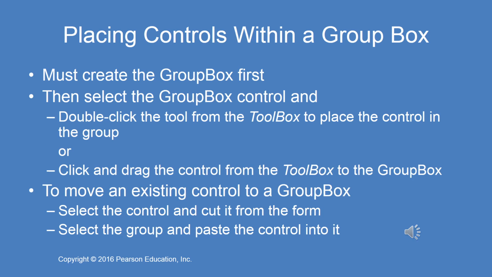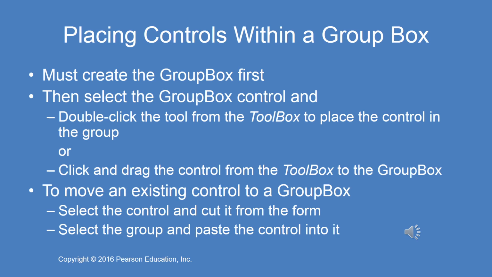This slide describes how we place controls within a GroupBox. Obviously, the GroupBox has to be created first. Then you left-click to select the GroupBox control. And there's 2 ways you can place controls into a GroupBox, both of which are done from the toolbox.